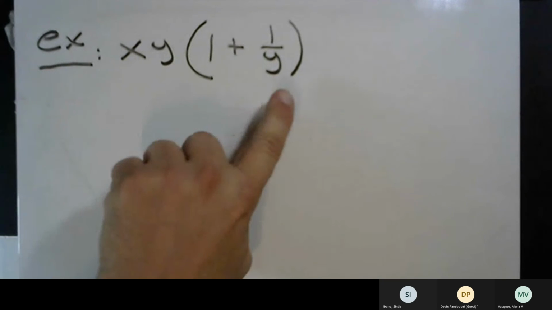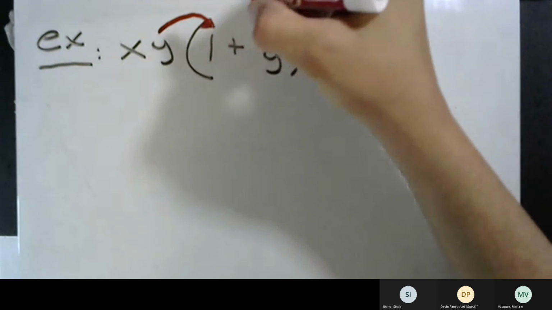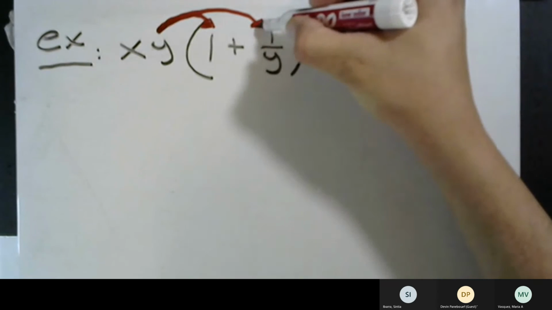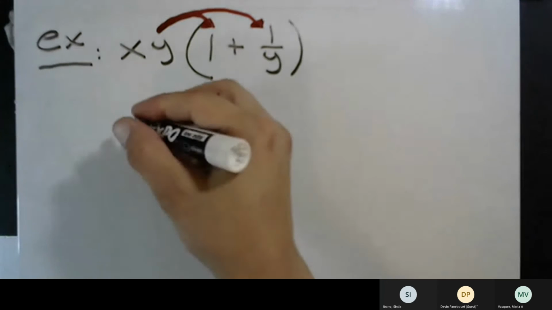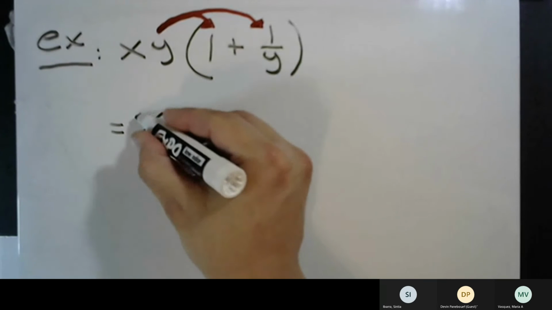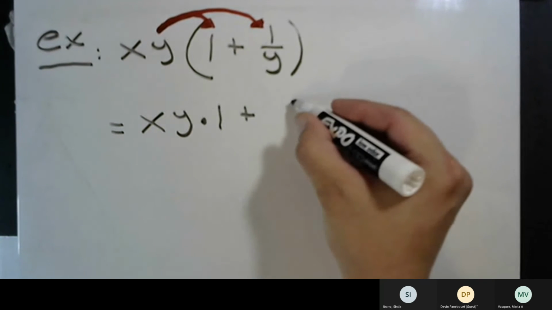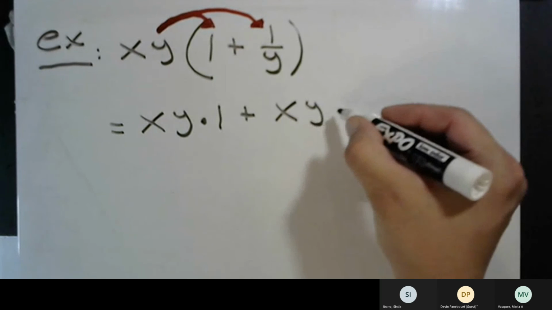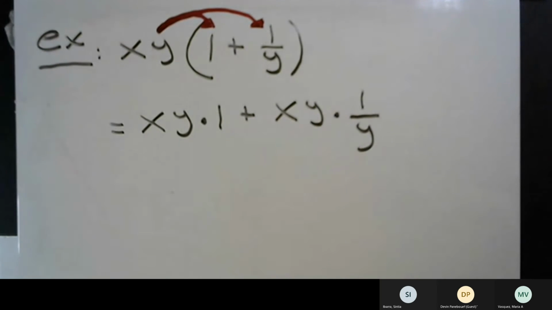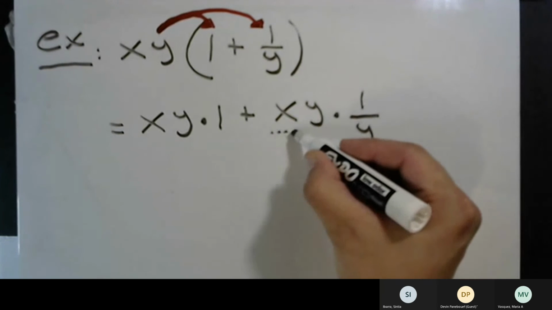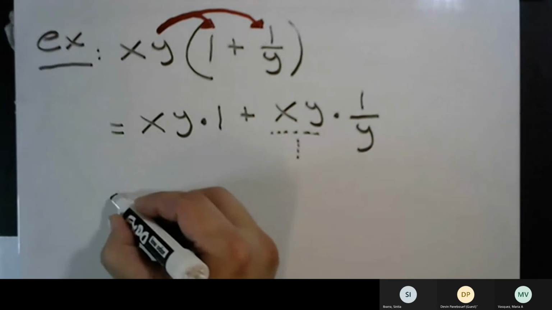So we want to get rid of these parentheses, so we're going to distribute this xy. So that'll give us xy times 1 plus xy times 1 over y. And again, we can treat this as if there's that invisible 1 underneath, so we can do fraction multiplication.